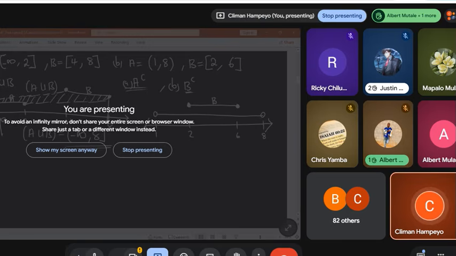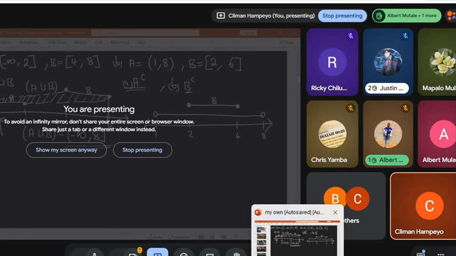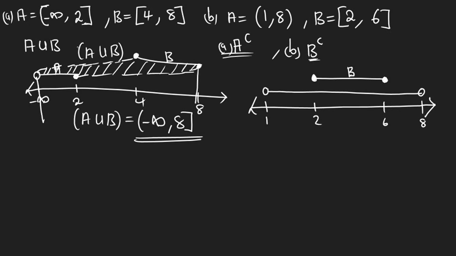If you have a closed circle at 2, you should open the circle. If you have an open circle at 3, close the circle. That becomes your complement. So for B complement, you open the circle here and take it this side. This becomes your B complement. Also on the other end, open the circle, take it on the other end. This becomes your B complement.